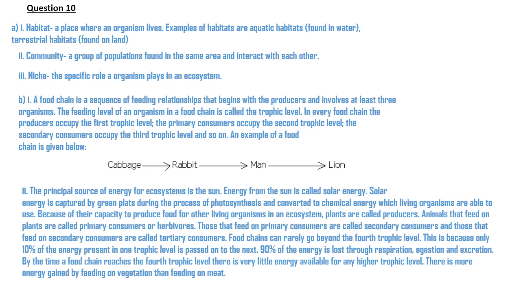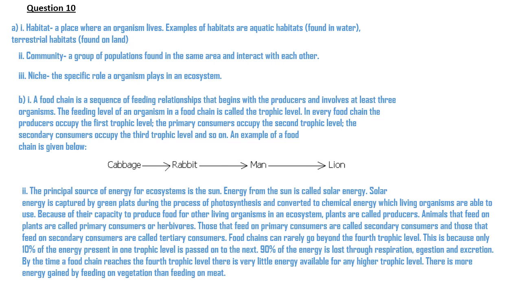Because of their capacity to produce food for other living organisms in an ecosystem, plants are called producers. Animals that feed on plants are called primary consumers or herbivores. Those that feed on primary consumers are called secondary consumers, and those that feed on secondary consumers are called tertiary consumers.